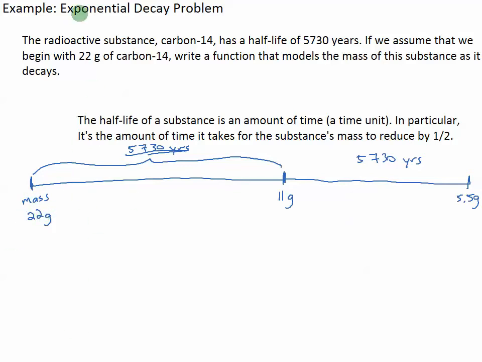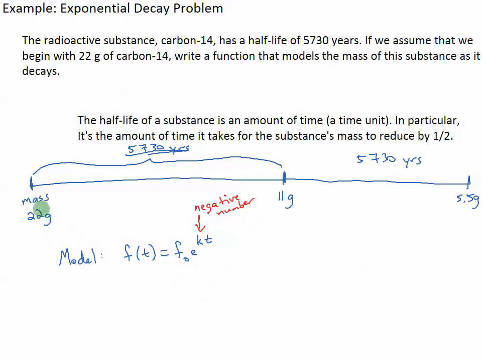I know that the model that I'm looking for, the function that will model this behavior, is an exponential model. So it's f of t equals f sub 0 times e to the kt. So some things I know, since I'm decaying, I know that my constant k will be a negative number. We don't know what it is yet, but it will be a negative number.